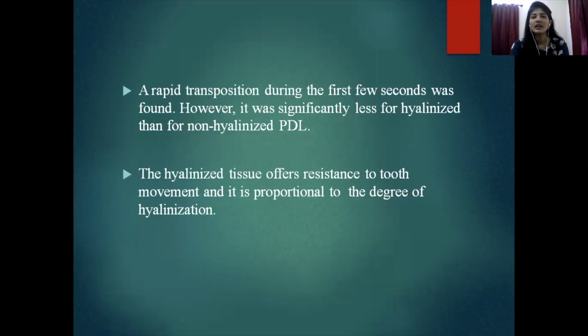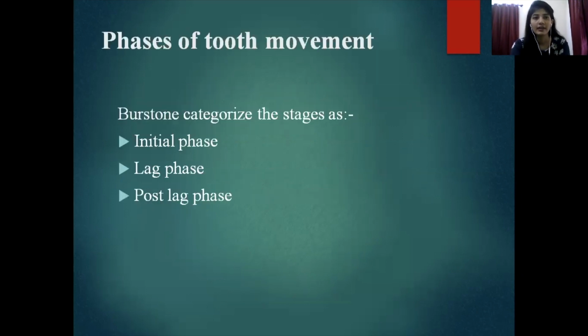A rapid transposition during the first few seconds was found. However, it was significantly less for the hyalinization than the non-hyalinized period of the PDL. The hyalinized tissue offers resistance to the tooth movement and it is proportional to the degree of the hyalinization.